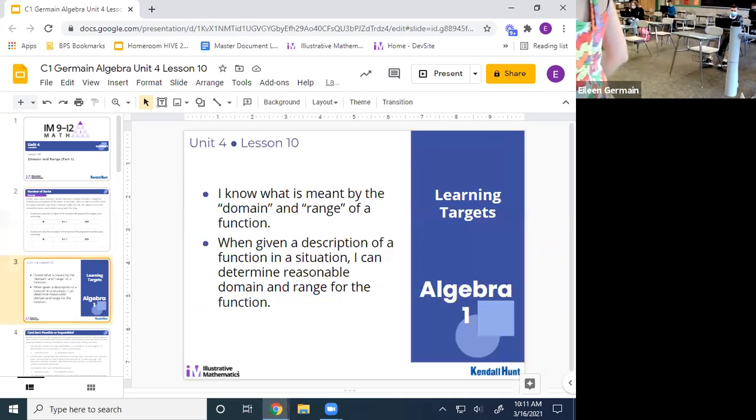So our targets for today, we have 2 of them. We are being able to know what is meant by domain and range of a function. We're going to introduce the terms domain and range and really break those definitions down. Like I said when we started this unit, we were going to go into them at a later point. This is that later point.